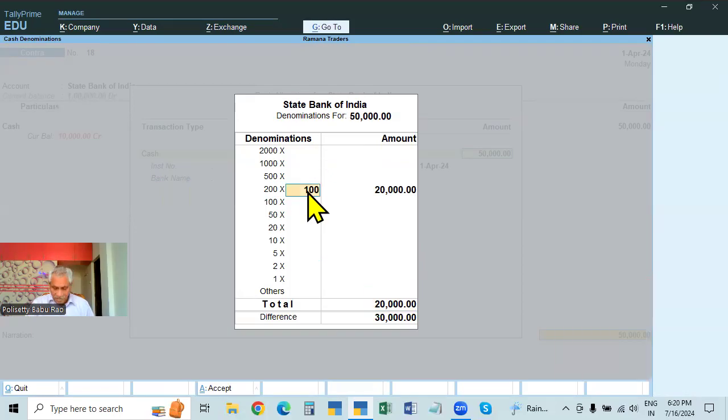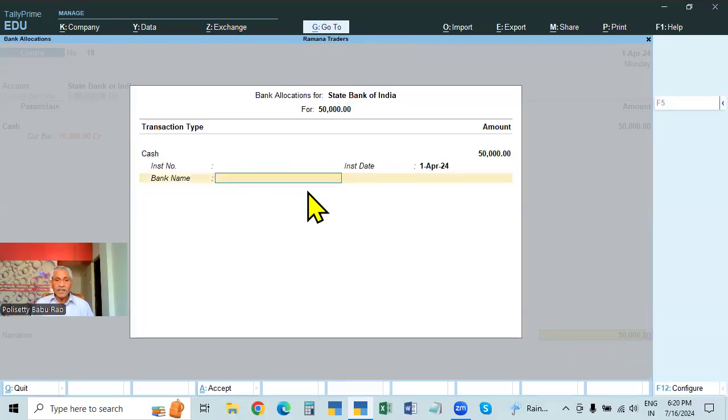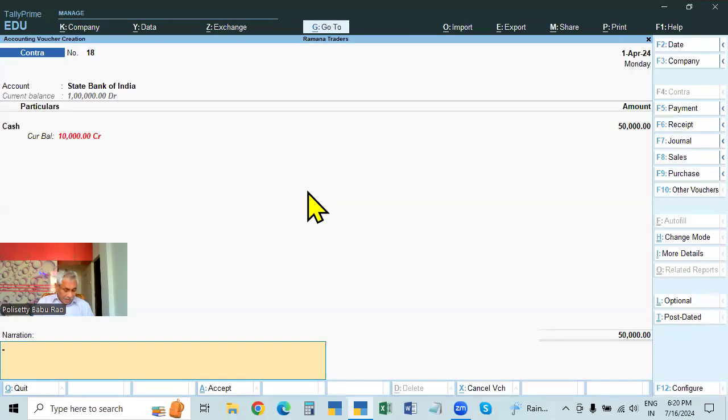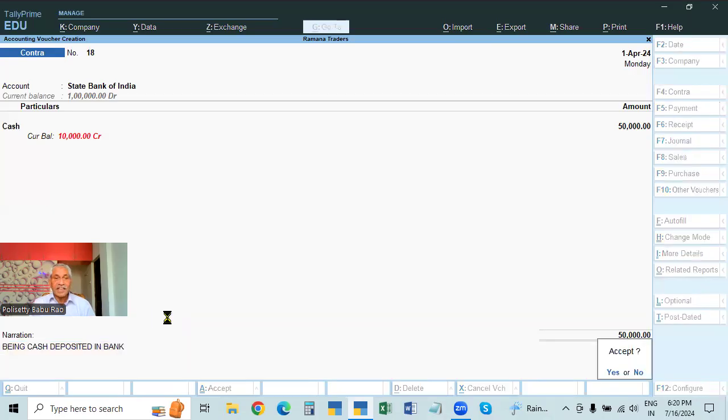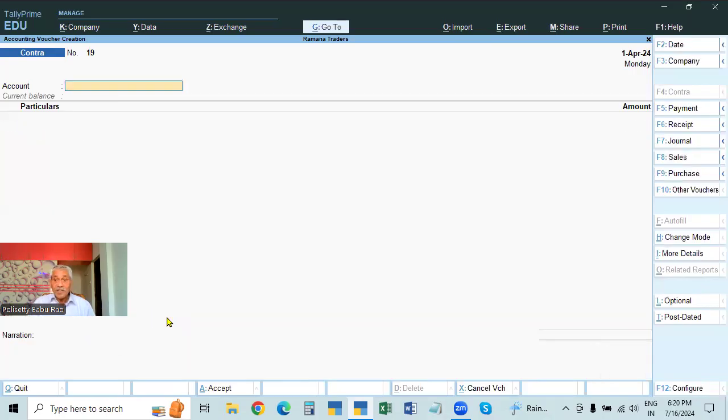Sorry, this is wrong. This is accepted. Control F, being cash deposited into bank, because the last one was capital introduced. So this is depositing in the bank.